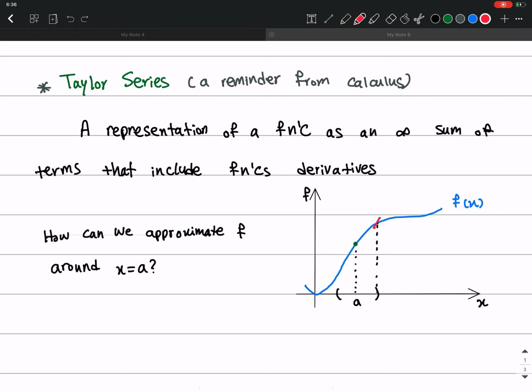If you are in a close proximity of that, to a first order, you can approximate this function with the first derivative. If I plot the first derivative at a, this is the slope of this function at that point.